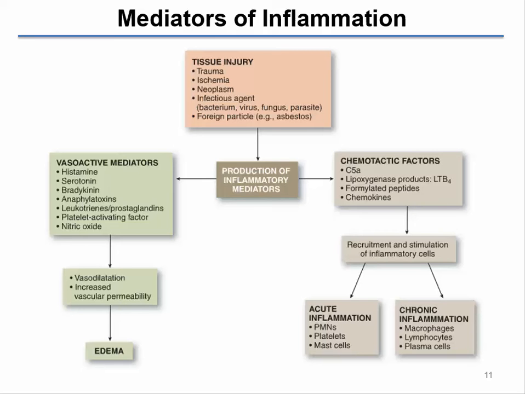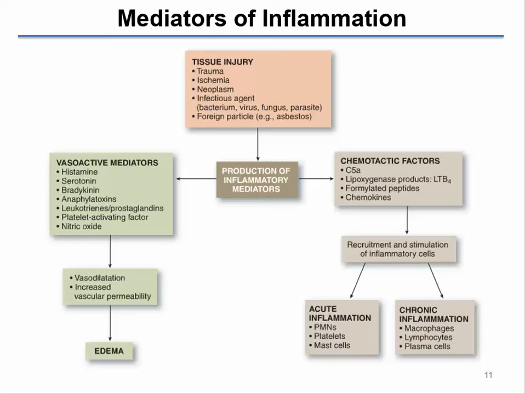By understanding how it works with infectious agents, you'll understand how it works with other things. But it can even be non-living things like foreign particles, asbestos, carbon, silica, any of those things that we talked about when we talked about necrosis.